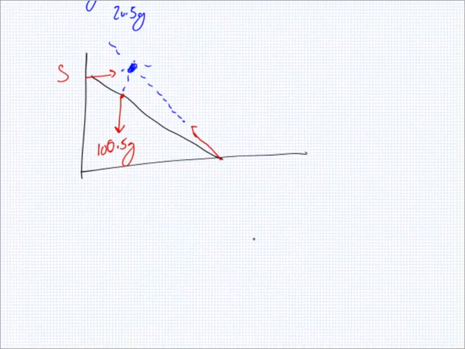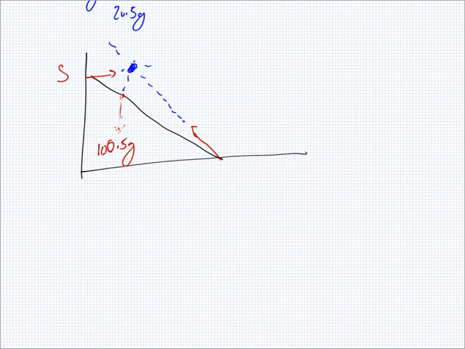Okay. Right. We know this angle. Oh dear, we're running out of time. We know this angle? Oh, my pen stopped working. Come on. We know this angle. It's the same as this one.